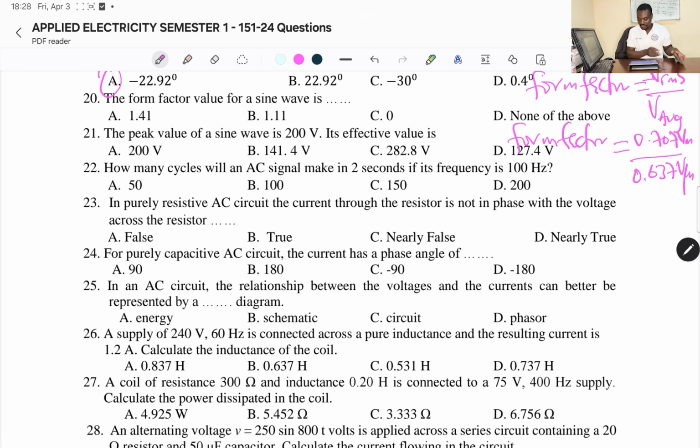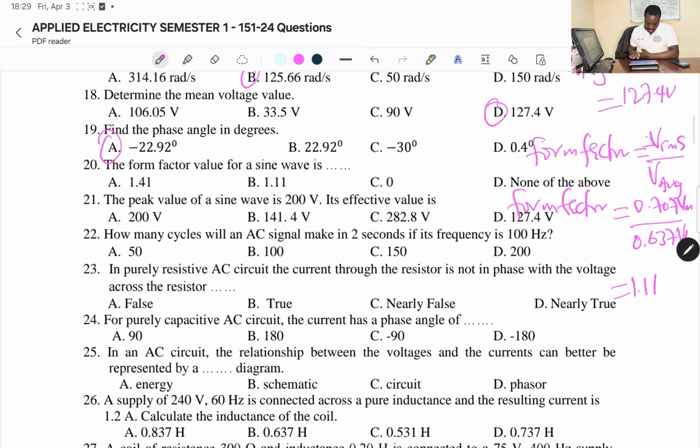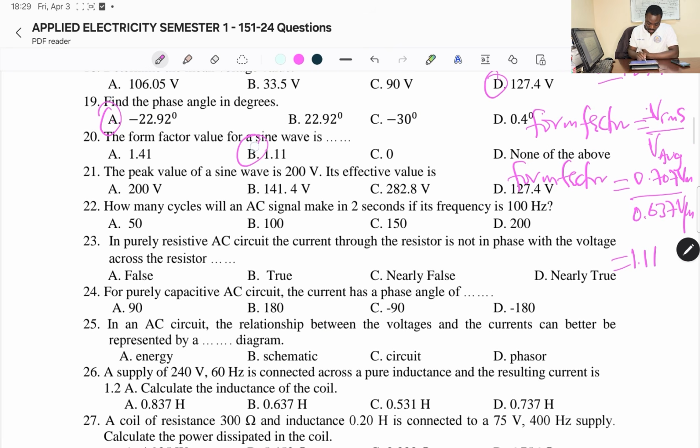So we just have 0.707 divided by 0.637. And when you do that, you get the answer to be 1.109. So that's just 1.11. So the answer here is going to be B.